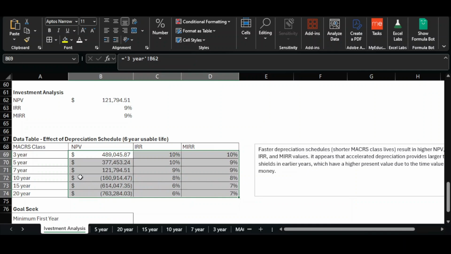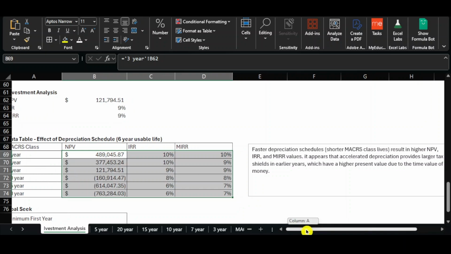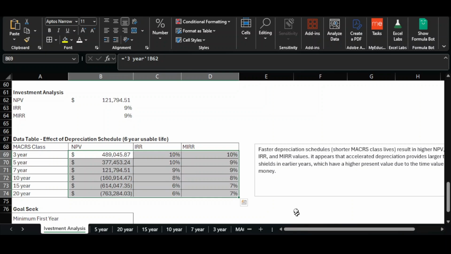Now the exercise is asking for your observation on what you notice in this table. It appears that the effect of the depreciation schedule is positive. It appears to be favorable for anything from 7 year to earlier year class of the depreciation system.